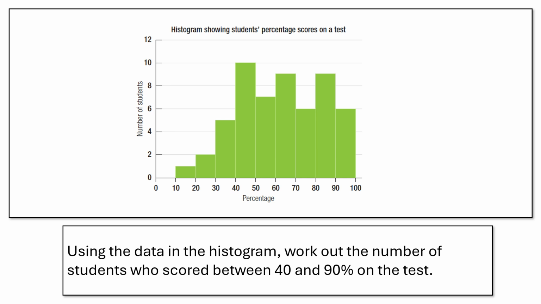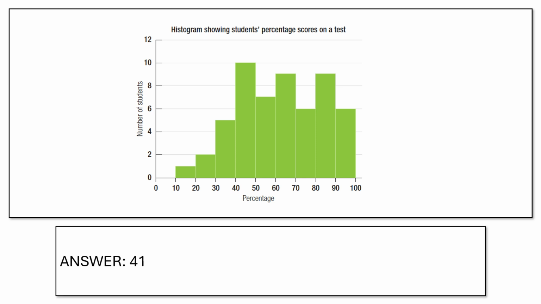Okay, so the answer, we should have 41. Between the 40 bar and the 90, we add the number of students up and we should have come to 41.